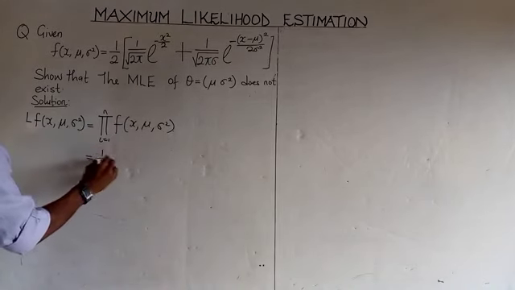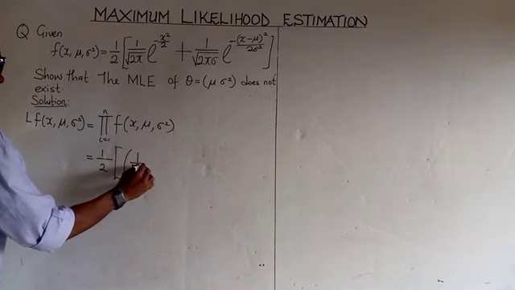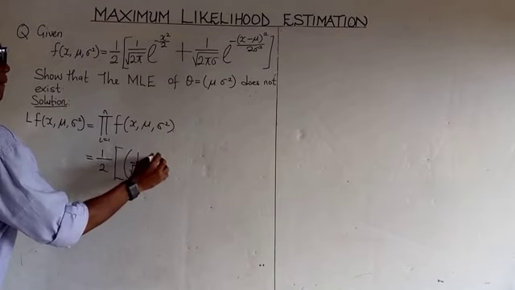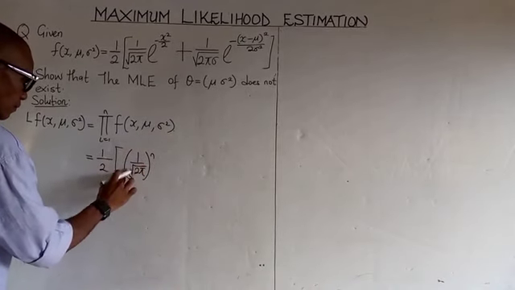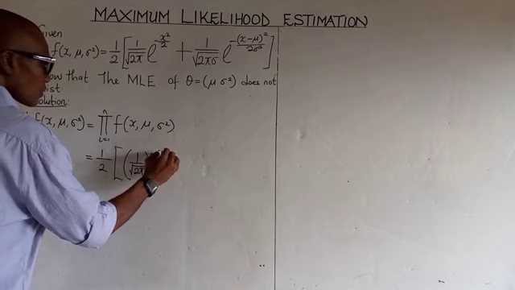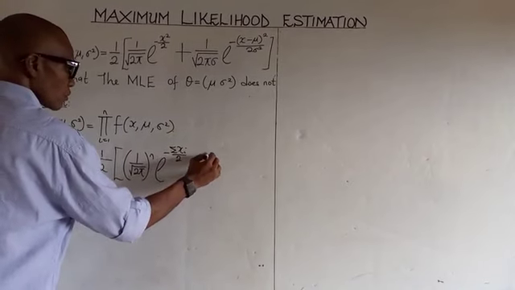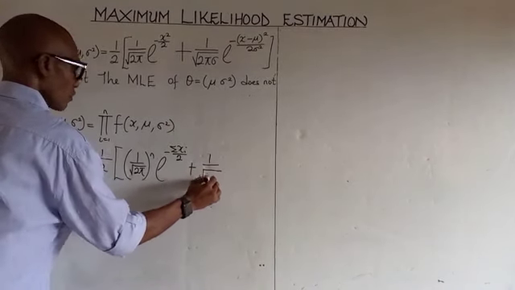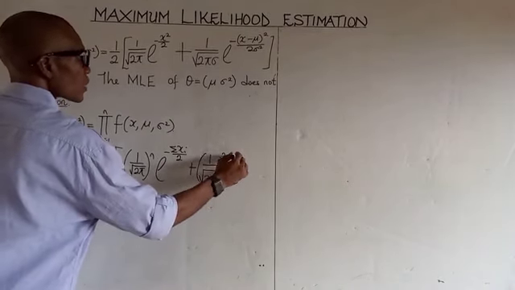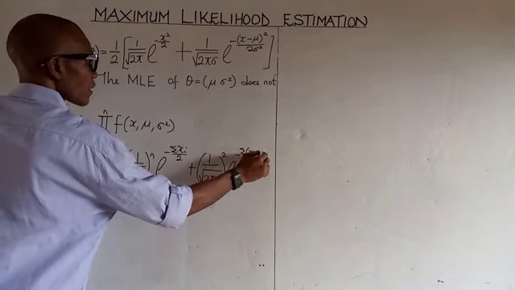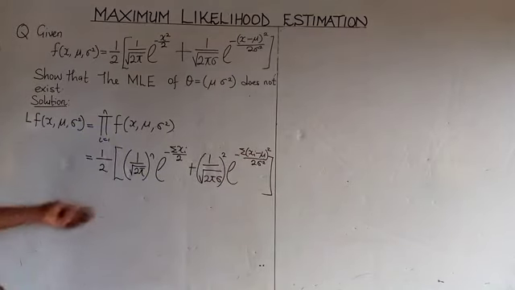So if we take the product, we will arrive at something like this, raised to the power of n, exponential summation of xi all over 2, plus 1 all over square root of 2 pi, exponential summation of xi minus mu all squared all over 2 sigma squared. So this is what we get.